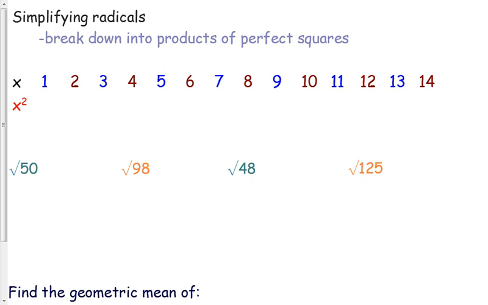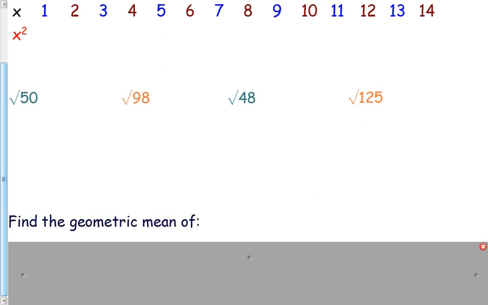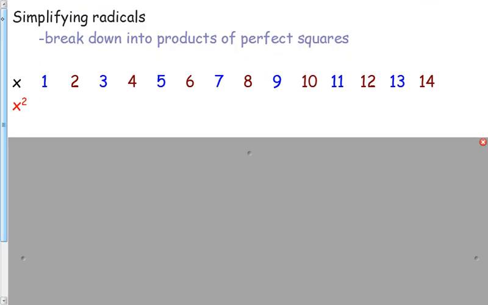Also brought up in this section is simplifying radicals. To simplify a radical is to break down a radical into the products of perfect squares. I strongly suggest copying this onto, say, the cover of your notebook or a note card or somewhere that you can reference the squares.